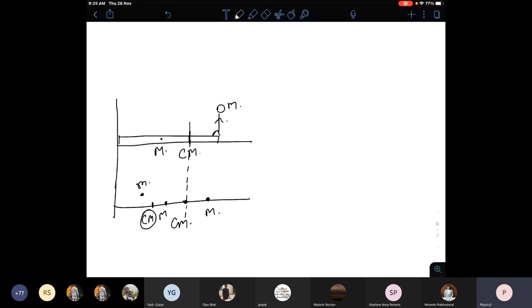So to keep the position of the center of mass of the system stable, the plank moves towards the right and the man moves towards the left.